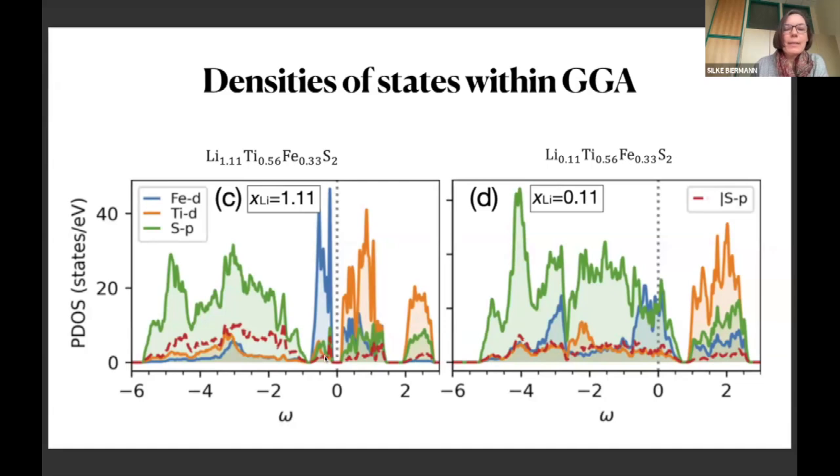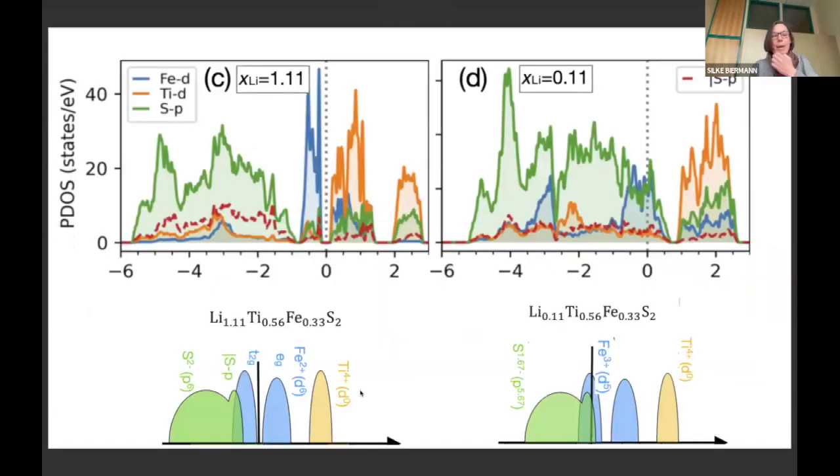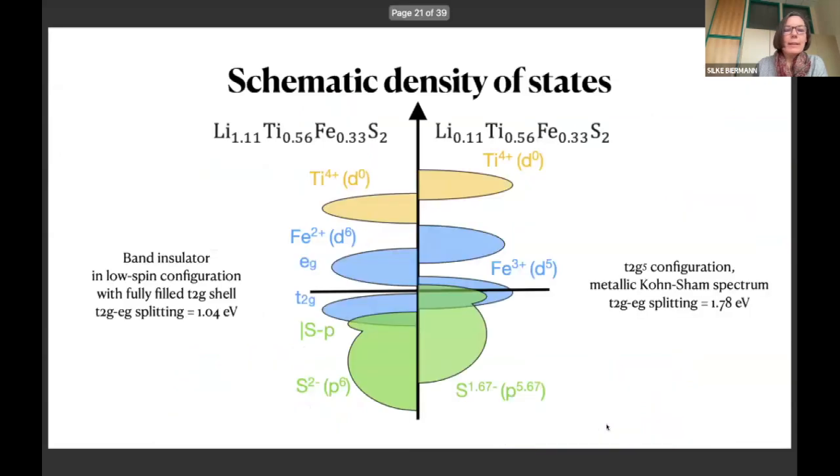Okay, let me summarize a bit schematically what we have seen here. So we confirm empty titanium shell, the sulfur down here, but reaching up to the Fermi level in the delithiated compound, and the low spin configuration here, and a little bit larger splitting here. Now switching it, you can see it better.